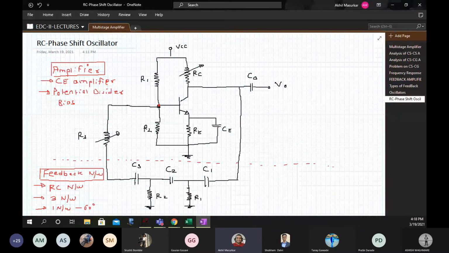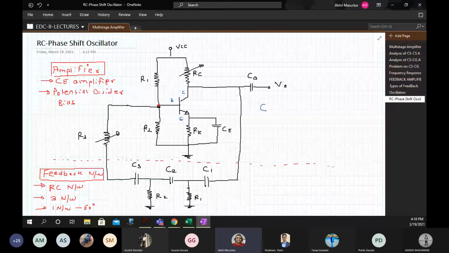That is what we are going to look at here. Please draw this. Once you are done, just write done in the chat box. So this is collector, base and emitter.